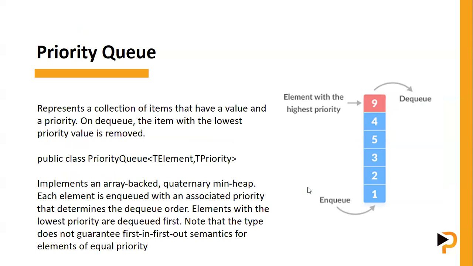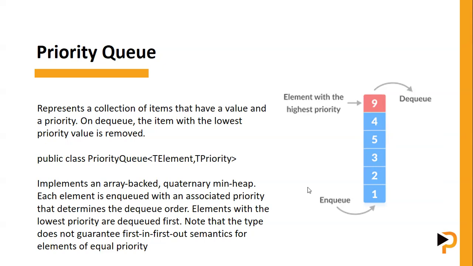By default, the behavior is that the value with the lowest priority is removed. The implementation class is PriorityQueue with two parameters. The first one is TElement, which specifies the type of element in the queue, and TPriority specifies the type of priority associated with the enqueued elements.